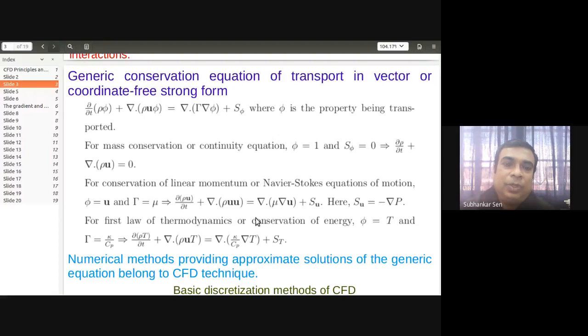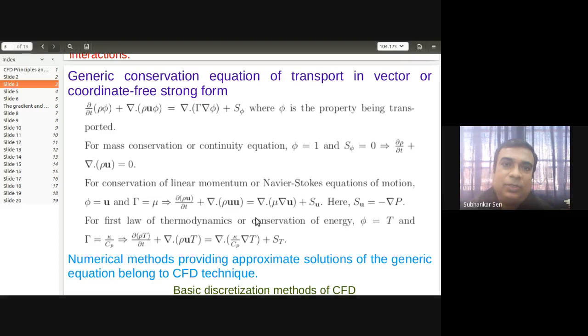So any equation, if you talk about conservation of mass, that is known as the continuity equation. If you think of conservation of linear momentum, or conservation of energy, all the equations are special cases of this particular equation. So this is the root of all the equations. Okay.